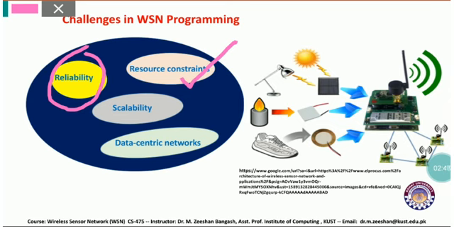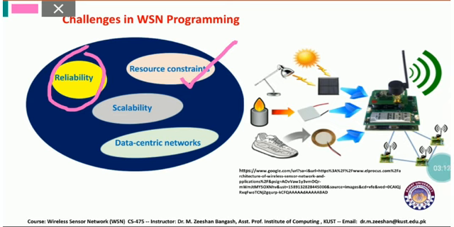Energy efficiency is particularly of critical importance in WSNs, and it penetrates every aspect of sensor network design, whether it's from duty cycle to routing protocols or to in-network data processing. So this energy efficiency is crucial for every aspect of the application design.